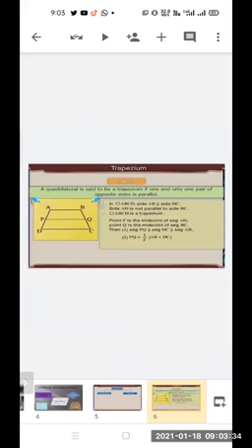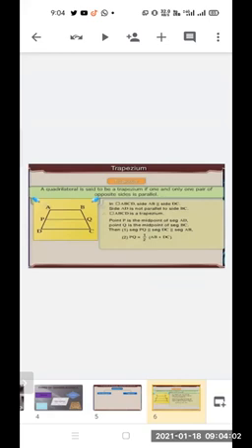Similarly, a quadrilateral is said to be a trapezium if one and only one pair of opposite sides is parallel. So in this figure you can see ABCD is a quadrilateral. ABCD is a trapezium where AB is parallel to DC. Okay. So only one pair is parallel, the other pair is non-parallel.